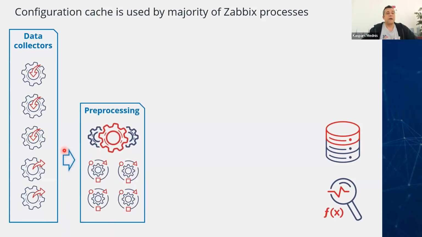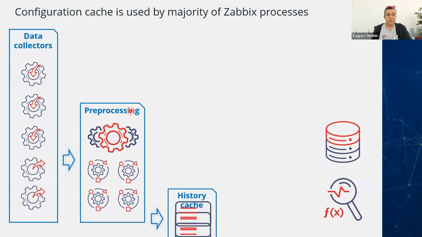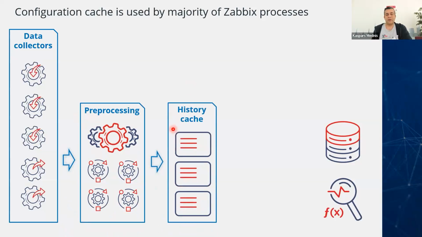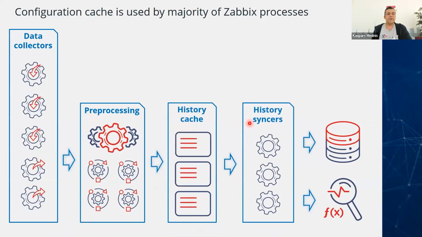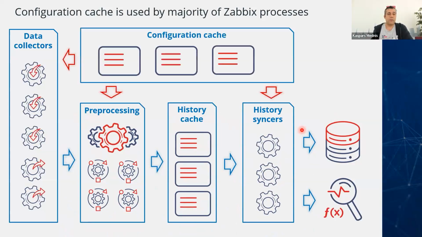Data collectors collect data. Then you have preprocessors. The preprocessors process the data, and the data goes to the history cache. Then you have history syncers, which write to the database, right? But all those processes need a configuration. They need to know what to do, which actions to perform.